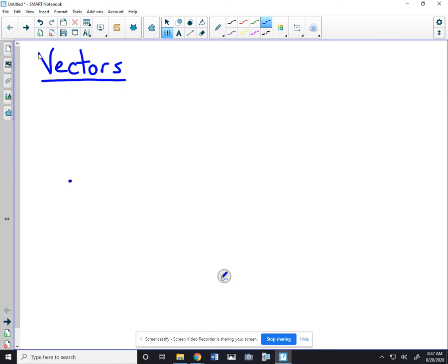Let's say I start here and I move 3 units this way. So we'll say I've got a vector moving that way, and I turn and move 4 units up. Well, of course, you know that that motion is equivalent to making one trip that direction, and that one trip would be 5 units.